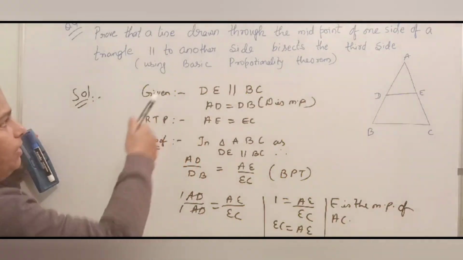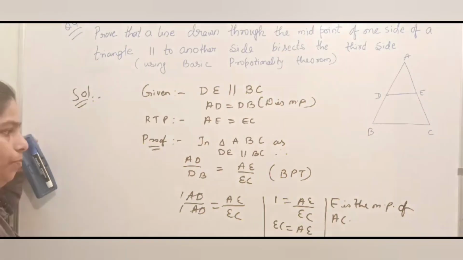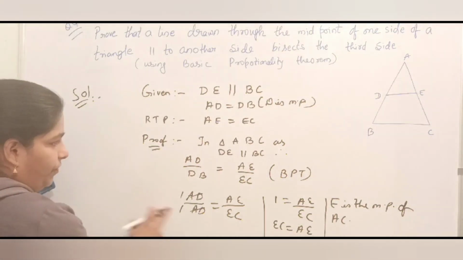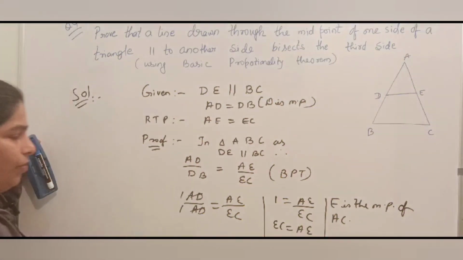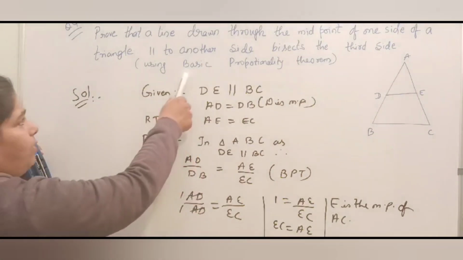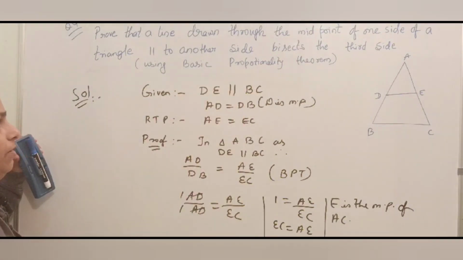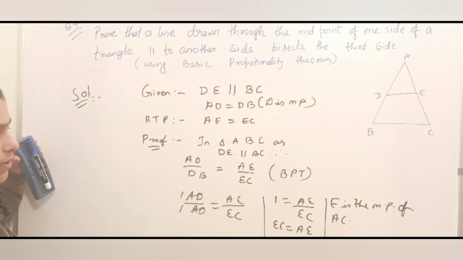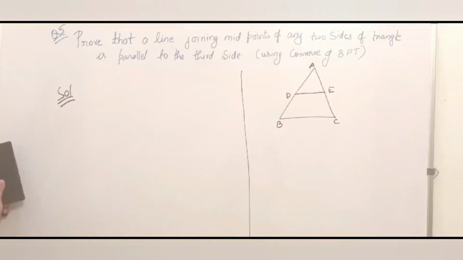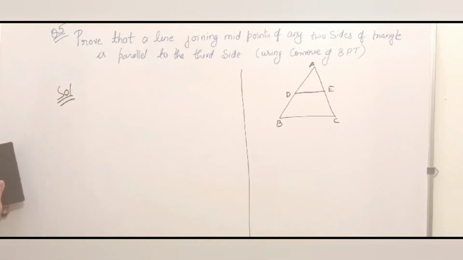Okay, that is what we were asked to prove. Therefore, the proof here is of only 4 steps because we have been using the basic proportionality theorem. Okay friends, let's move on to question number 5. Let us see question number 5 now.